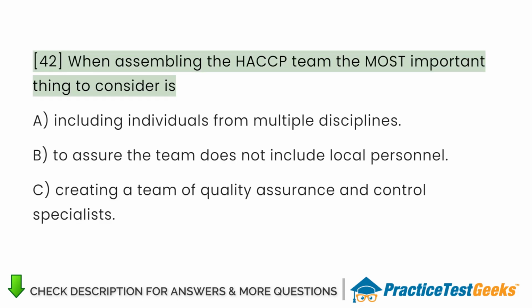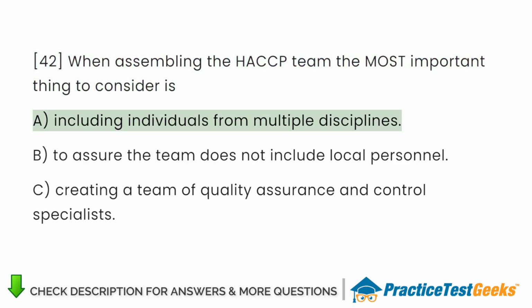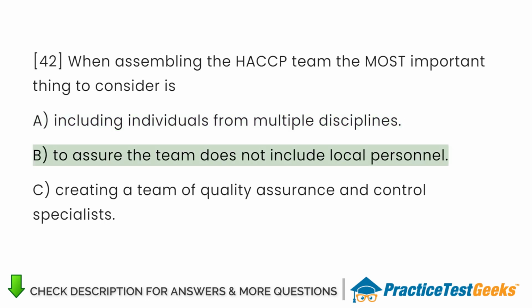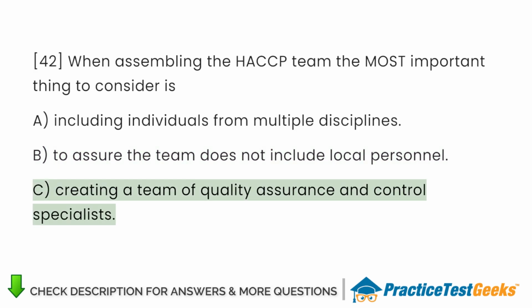When assembling the HACCP team, the most important thing to consider is A. Including individuals from multiple disciplines. B. To assure the team does not include local personnel. C. Creating a team of quality assurance and control specialists.